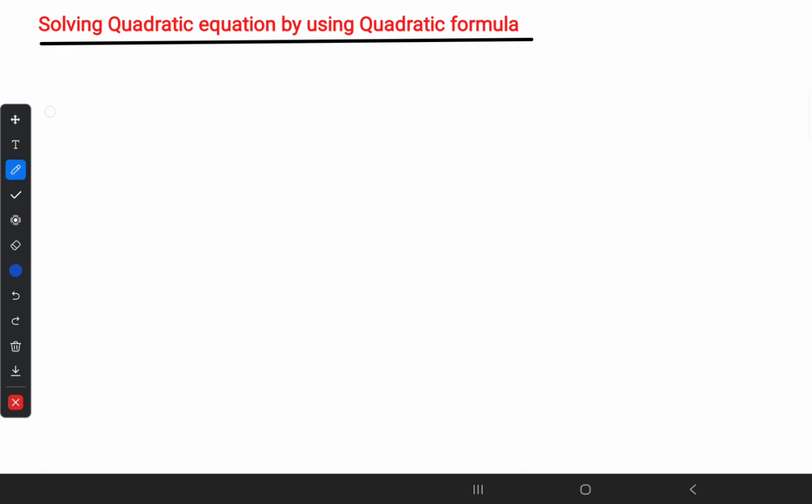So the basics is, this is of the type ax square plus bx plus c equals to 0. This is our quadratic equation. In this case, how can we solve to get the solutions for x?